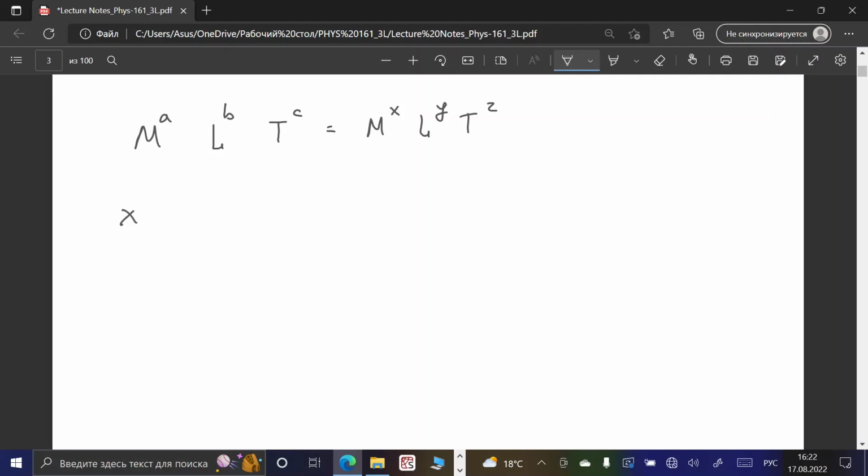So let's say we have some position x, and we have an object which moves with constant acceleration a. So obviously position will be proportional to acceleration. It makes sense, just some common sense.